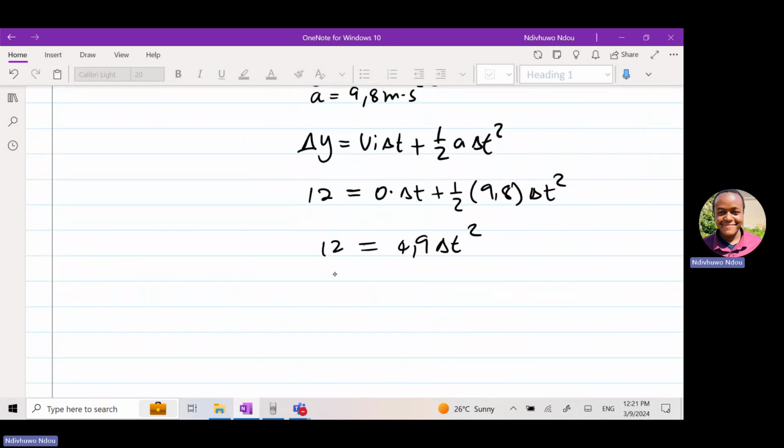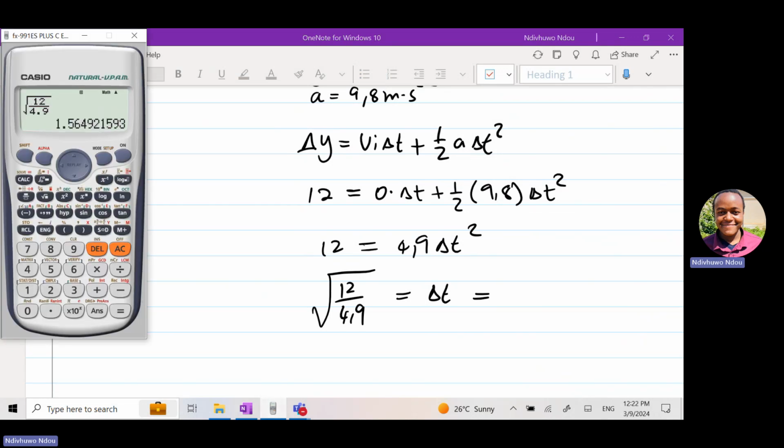Then the square root of 12 over 4.9 will be equal to the change in time. Then we can find the time it took for that ball to move from that position to the ground: 12 divided by 4.9. Then we have the time, and you can see it is quite reduced from the total time when it was at 15.2. Can you see?